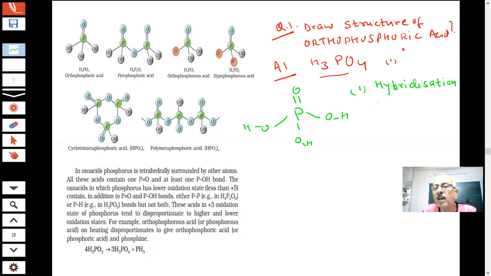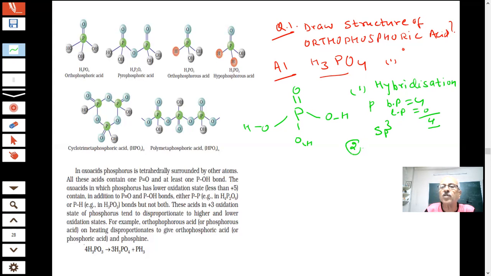Phosphorus is forming how many bonds? It is joined to 1, 2, 3, 4 atoms. Phosphorus has 4 bond pairs. Is there any lone pair on phosphorus? Zero. So this is sp3 hybridization.